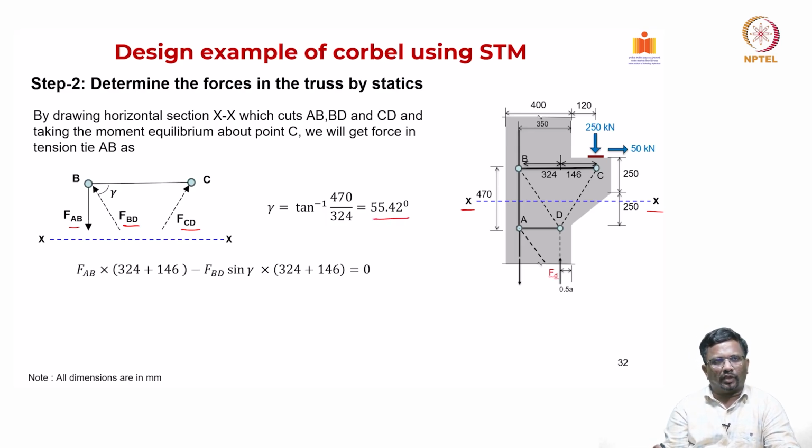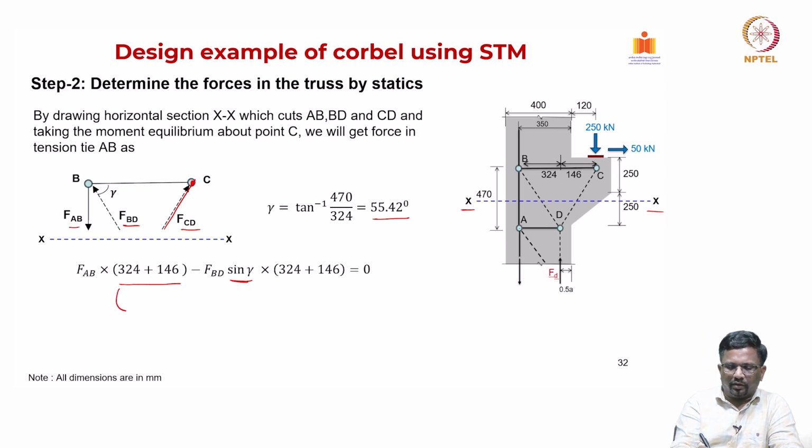So we can again find out your vertical equilibrium, FBD times 324 plus 146, right, minus FAB, basically I am taking moment equilibrium about point C. So about this point I am taking. Anyway, this is going like this, so there is no problem, and this is a vertical component I take, and FAB, this distance is 324 plus 146, and this is creating a counterclockwise moment, right.